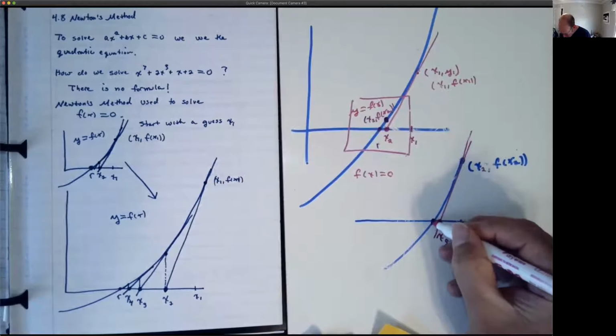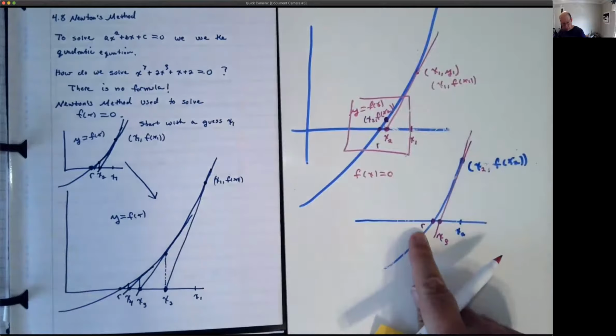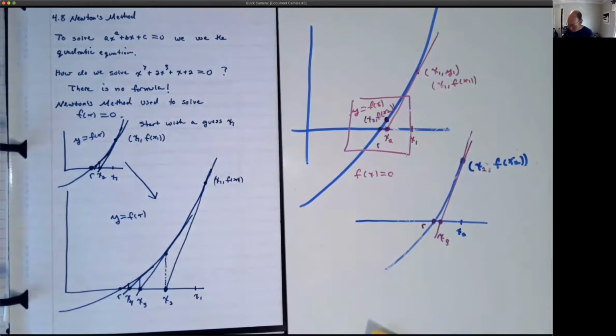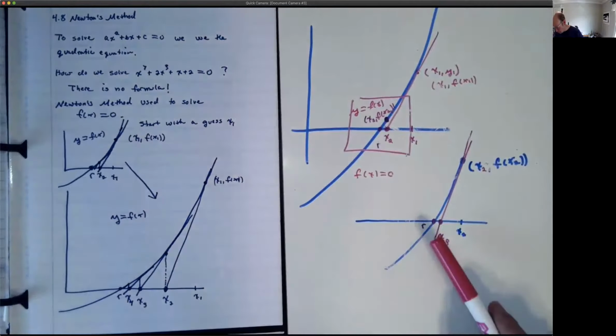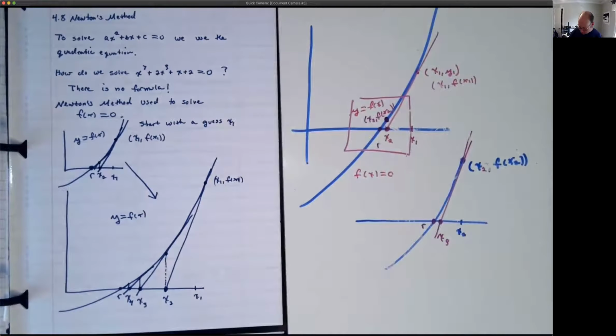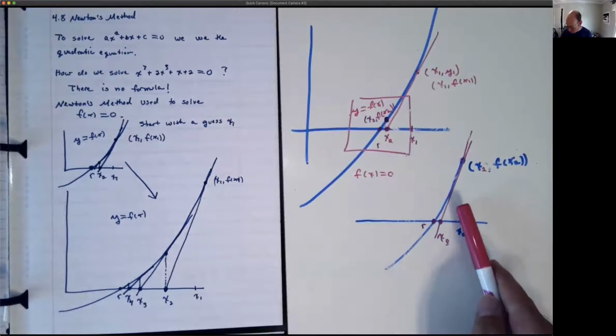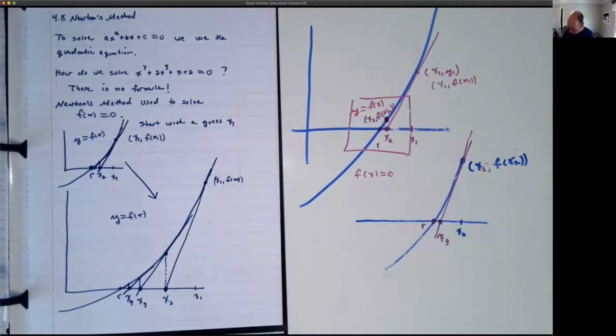Notice I'm getting closer and closer, hopefully, to r, which is the real answer, which could be irrational, and we're never going to get there exactly. It's unlikely that we would get there exactly, depending on what our guess is, but we are going to get closer and closer to the true answer.